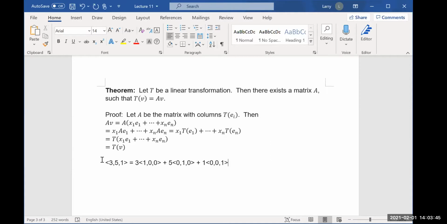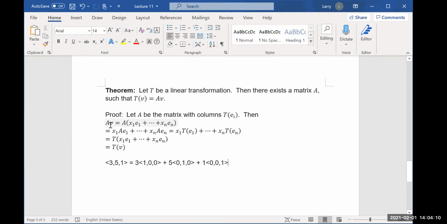Are y'all good with that example? Any questions on that? Do you all agree that was easy? And basically you could do this with any vector in any dimension. You can always break it up. That's what this says, as the coordinates times each of the standard basis vectors.